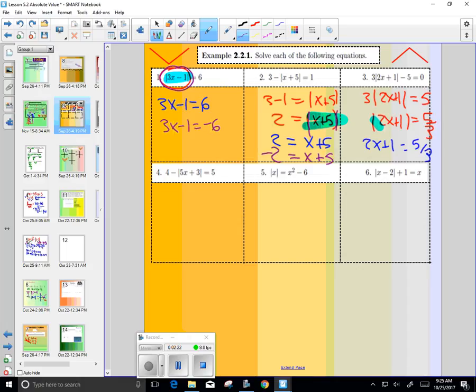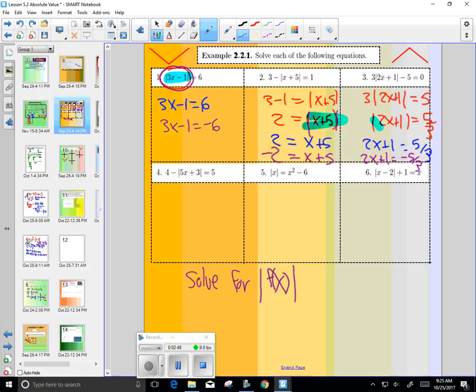Negative 2. Here we have absolute value of 2x plus 1 equals 5/3. We have 2x plus 1 equal what? Negative 5/3. So those are the two pairs of relationships that we're going to get our two answers, like 5 and negative 5.